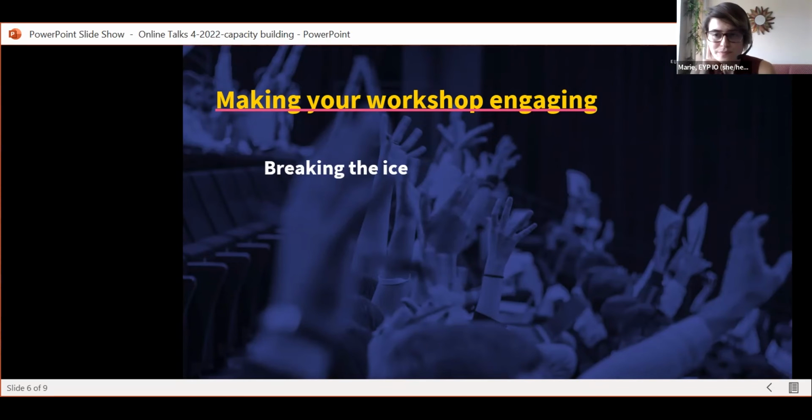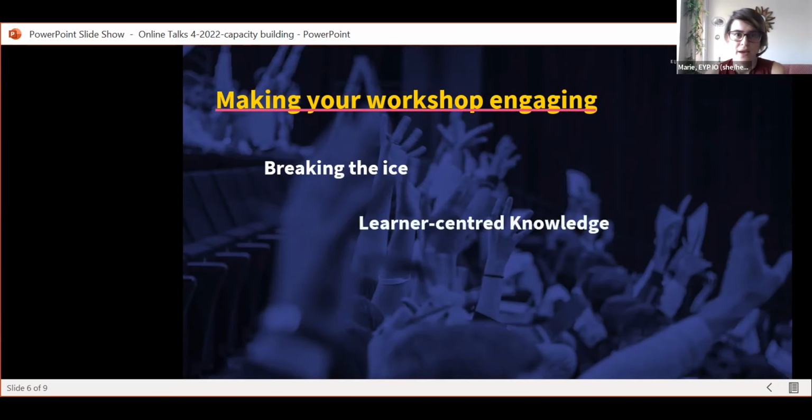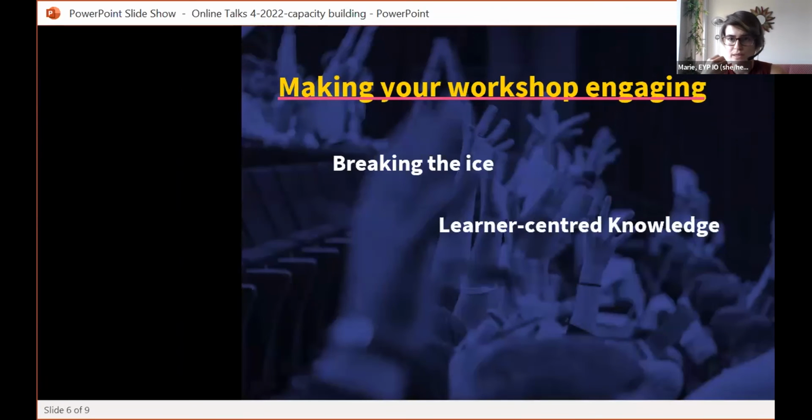Similar to non-formal education methods, of course, that's also non-formal education. Learner-centered knowledge. What I call here learner-centered knowledge is really making sure that you take what is in the group, and as a facilitator and trainer, you manage to bring out the important elements.